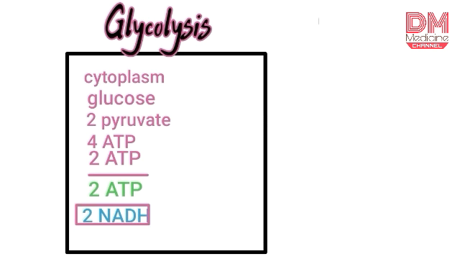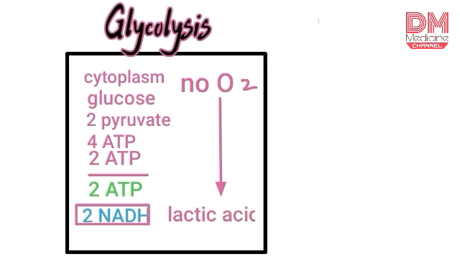The last thing I want to mention is that this is an anaerobic process. Generally if there is no oxygen, then we will generate lactic acid. If that happens, what can you generate? You can generate lactic acid through a fermentation process.